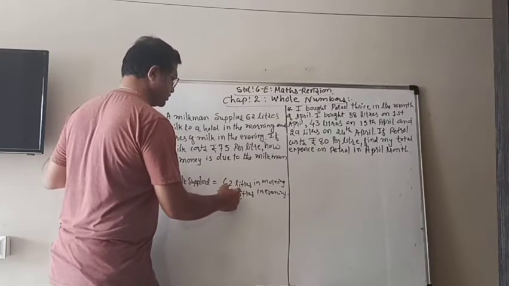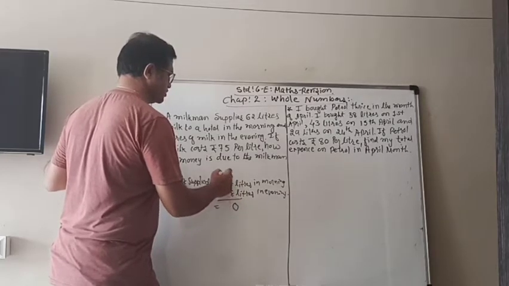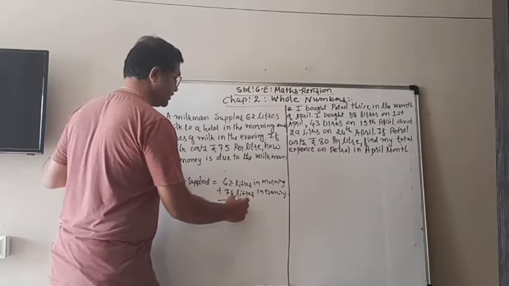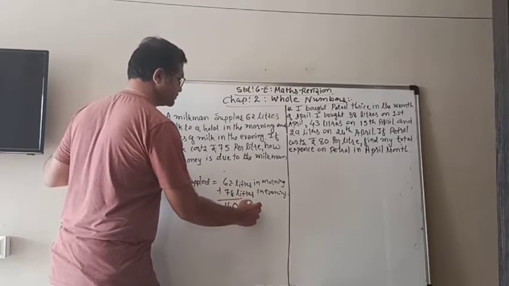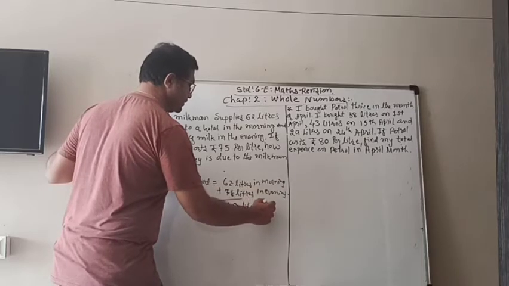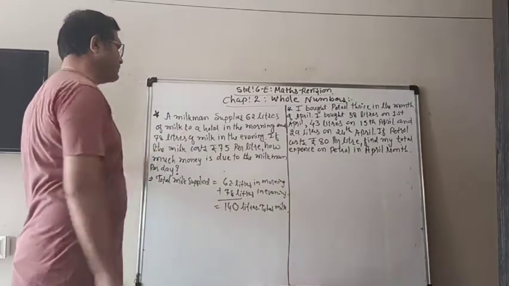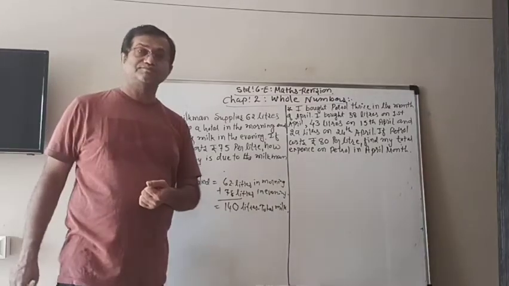So that is equal to a total of 140 liters. Total milk is what the milkman is supplying to the hotel.